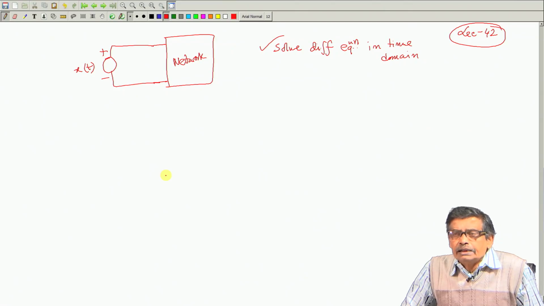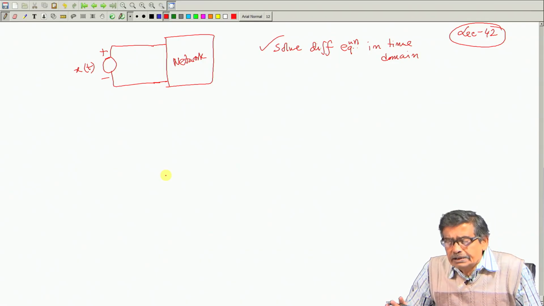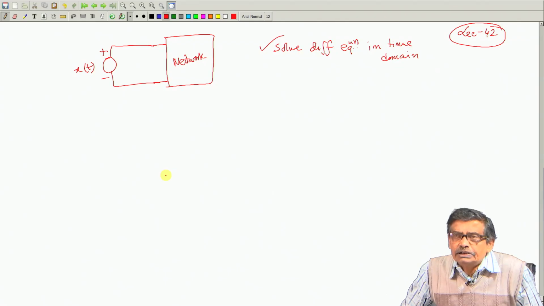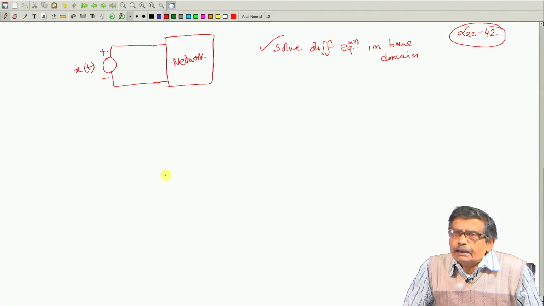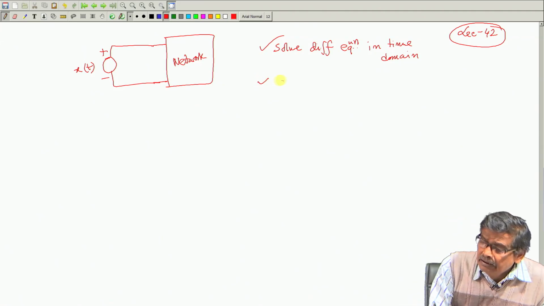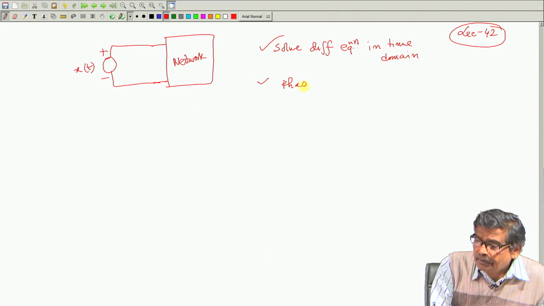Then we said that if it is sinusoidally varying with time, there is no need of solving a differential equation, because you will ignore the transient part. We are only interested to know what will be the response of the circuit after quite a time has elapsed, because that transient will not be there. Therefore, what is the point? To find out the steady state solutions, we said that the phasor method can be applied.